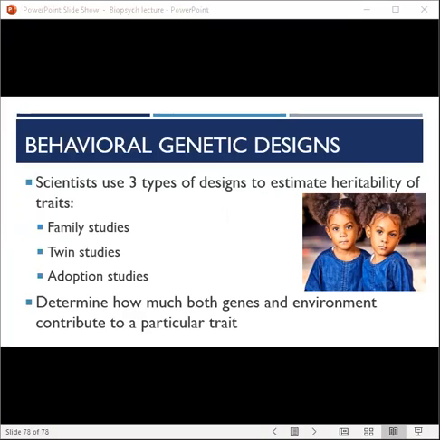So that lets us tease out the effect of the environment, because even though the children got the genetics from their biological parents, they're not being raised in the same environment. So it lets us really separate them out. So if we see more similarities with the adopted families, this suggests a greater influence of nurture for that particular trait, while more similarities with the biological families suggest a greater influence of nature.